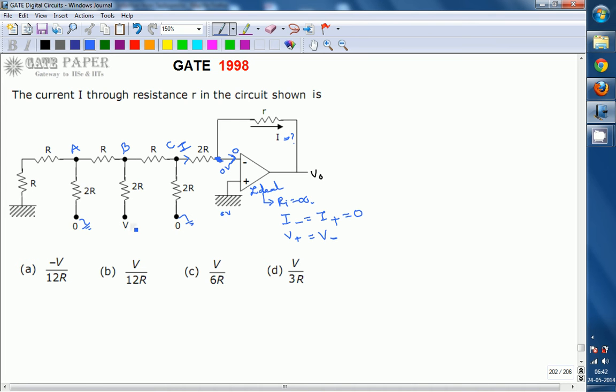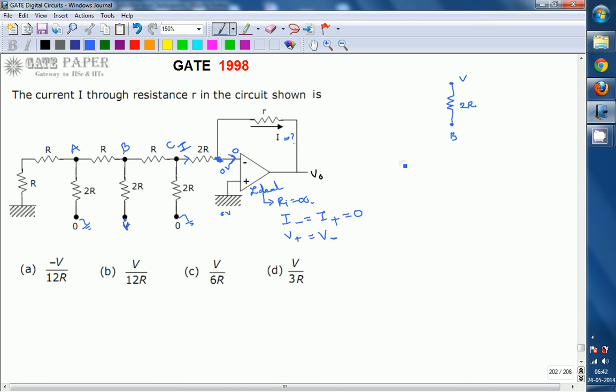This is node voltage V, and V is going to be 1 volt. Now starting with node V, that is the V voltage. From here we go through a resistor that ends up at node B. This is node B, and the value of the resistance is 2R.